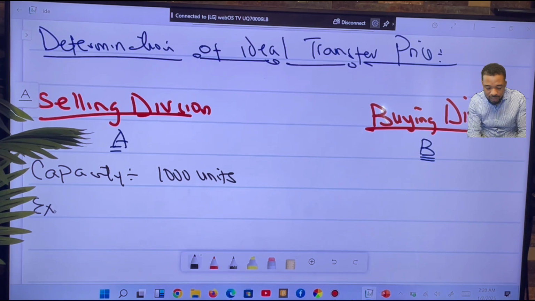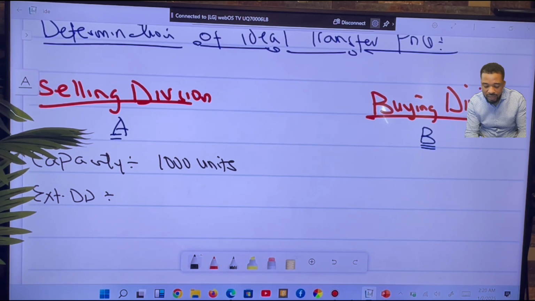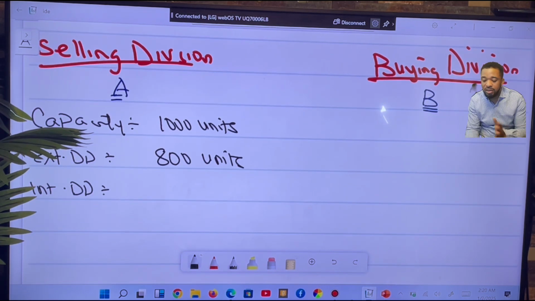External demand is the maximum that the external market is willing to buy from division A. Let's say they are willing to buy 800 units. And then internal demand is the quantity that division B is requesting. Let's say internal demand is 200 units.